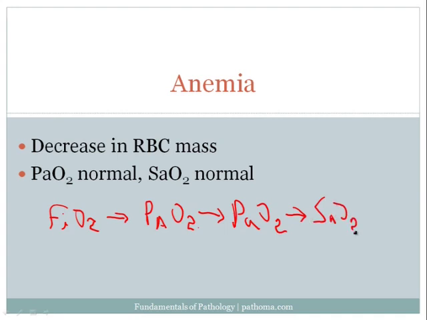What we should remember is that when we have anemia, there's no problem with the atmospheric oxygen. There's no problem with the ability to bring oxygen into the lung. There's no problem with the ability to squeeze oxygen into the blood. So the PaO2 is actually normal. At the same time, the SaO2 is normal as well.